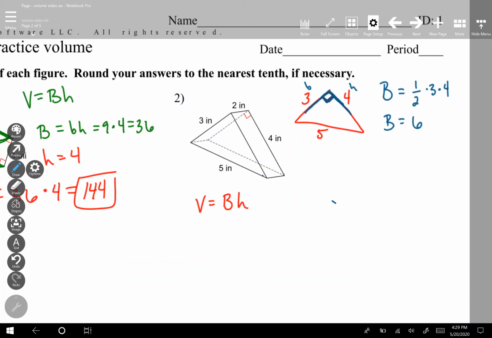If you mess up on that part, your answer is going to be off by a little bit. So it's 4/3 times pi r cubed. So the only thing you need to know about a sphere is its radius.